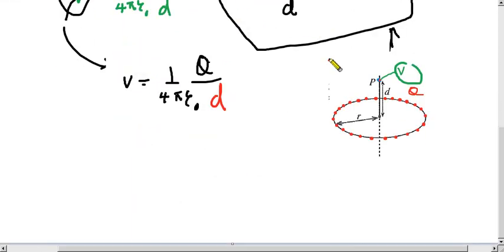These small charges are spread out like this. For this small charge, the distance is this one. For this small charge, the distance is this one. So this is a small charge, the distance is this one.